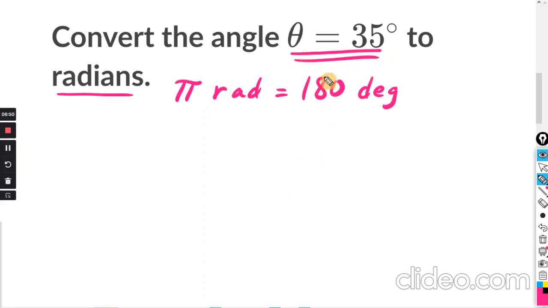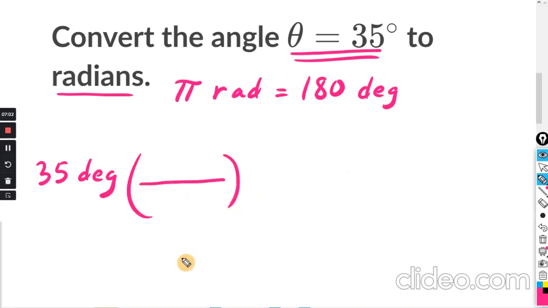So we're starting with 35 degrees. Okay, I'll write DEG, and we're multiplying by a fraction, our conversion factor. Now, right here, we have degrees in the numerator, but we want to get it to radians, so we want degrees to drop out.